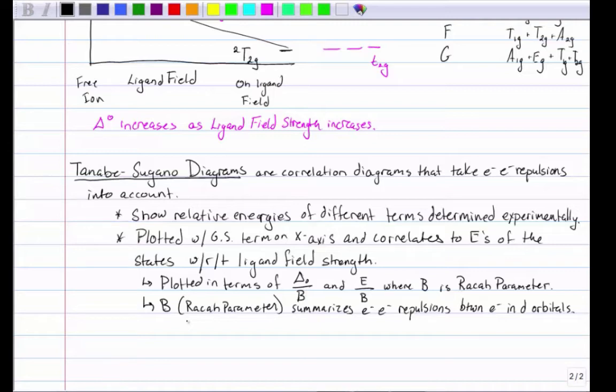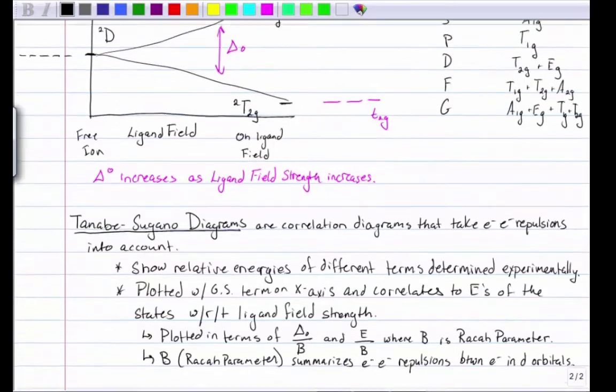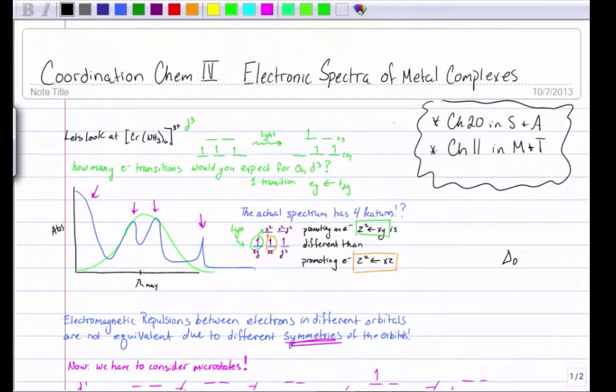So what these Tanabe-Sugano diagrams are used for is you are going to use them to determine the delta O from absorbance spectra, or you can use them to predict the identities of transitions. So in this spectrum I drew up here, back here, I can look at my Tanabe-Sugano diagram and I can predict what transitions are leading to these absorbances.